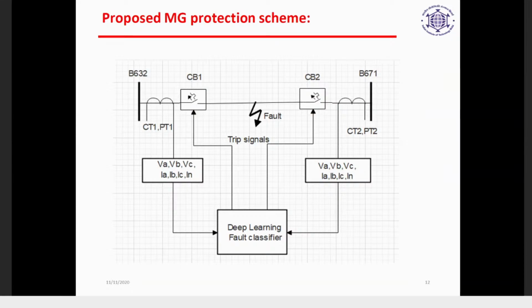So what we are doing is taking measurements at two different buses: VA, VB, VC, and IA, IB, IC, and of course the neutral current. So a total of 7 parameters are measured continuously, and they are given to a deep learning based fault classifier.